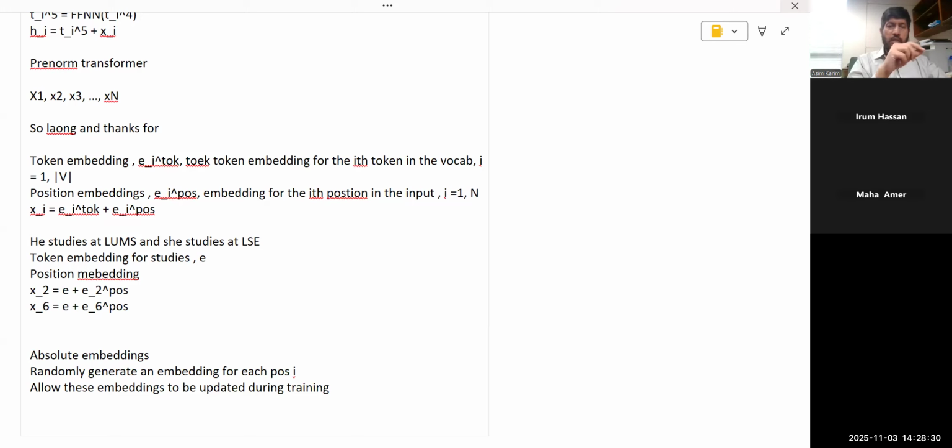So there will be a greater chance of learning an embedding at a lower position than at a higher position. Okay, so an update for, let's say, e at position 1000 would be less common compared to an update for position 1. Position 1 will come in every input, 2 will also come in most, but 100 or 1000 or 2000 will come in fewer inputs, so they would not get updated as much.